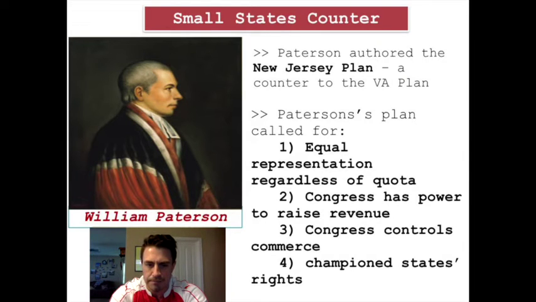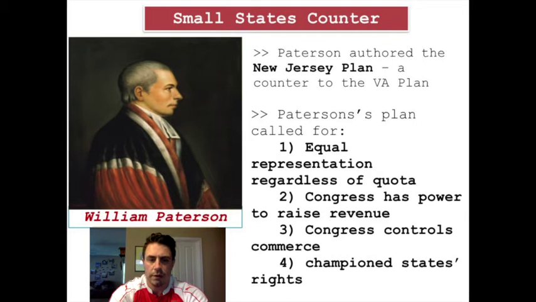Other issues that Paterson also came forward with were the idea that Congress would control and regulate revenue and taxing. That was something that the National Congress had little power over under the Articles of Confederation. Congress would also regulate, according to Paterson, commerce, so trade.